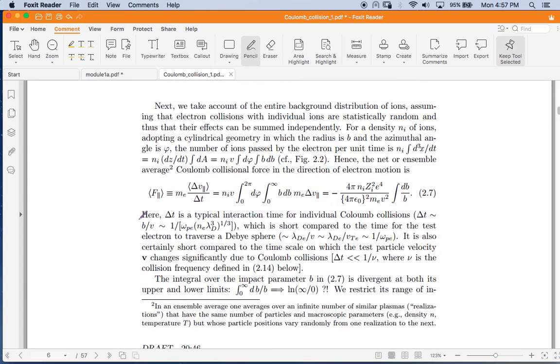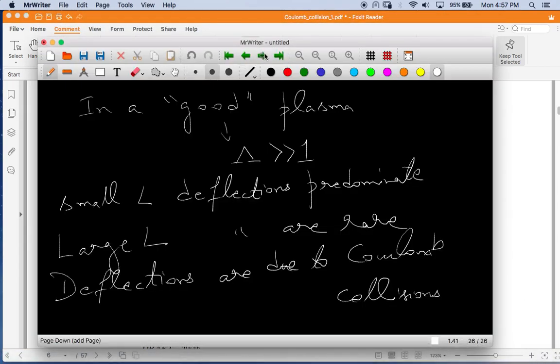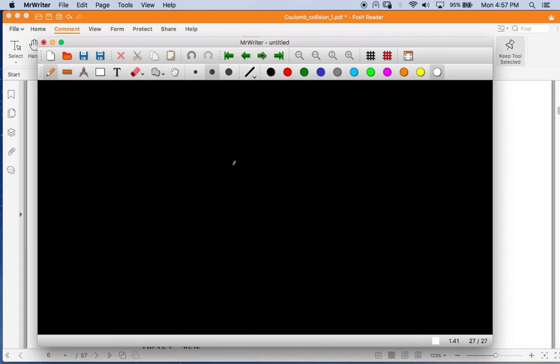All of this is the same. So this was one electron and one ion. What we did was one electron and one ion, and now what we will do is take a background of ions contained in a cylinder, like that, and we will integrate over the cross section of the cylinder.